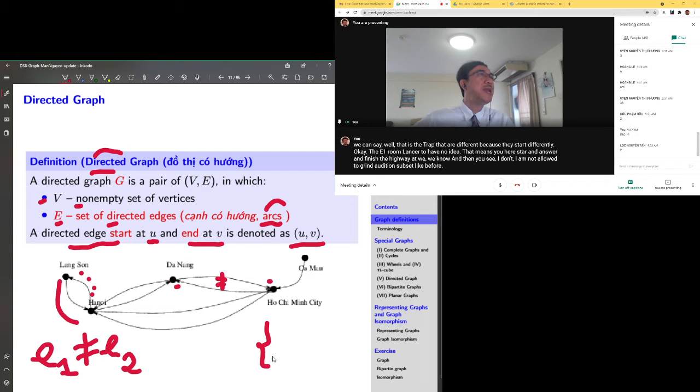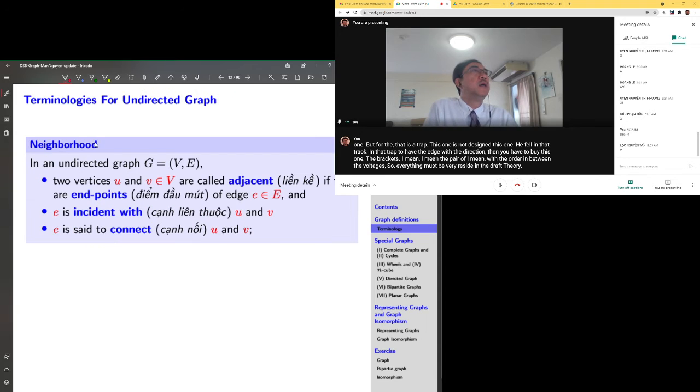In the undirected graph, I can denote an edge like this one. But for the directed graph, this one is not precise. This one fails in the directed graph. In the directed graph, to have the edge with the direction, you have to write this one: the pair, with the ordering between the vertices. So everything must be very precise in graph theory.